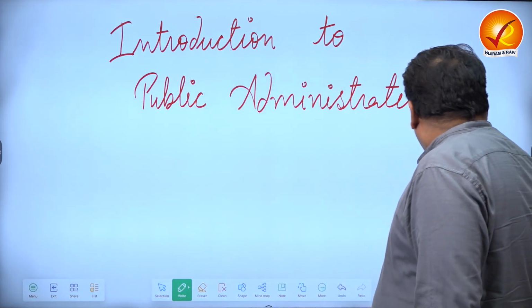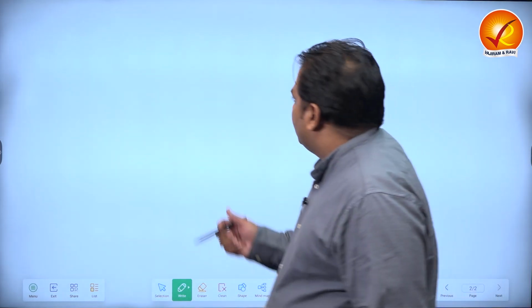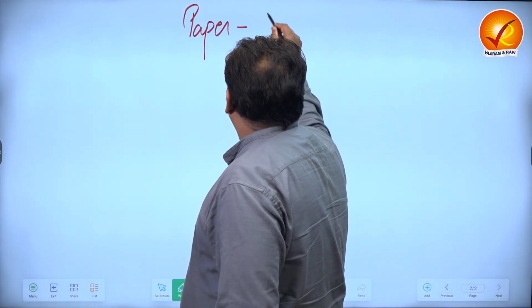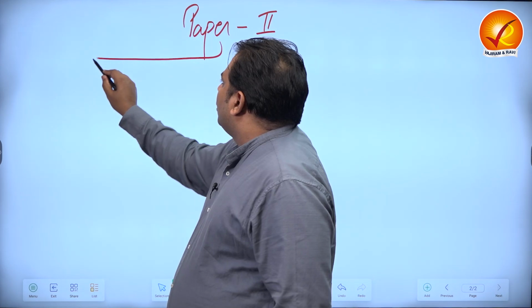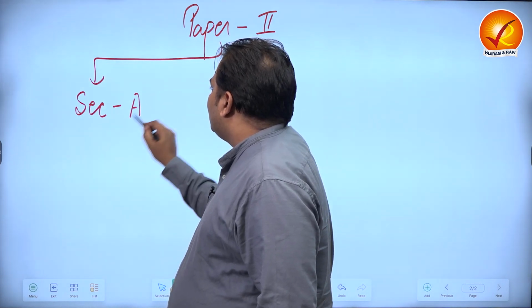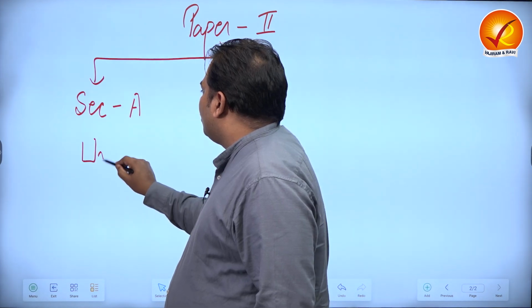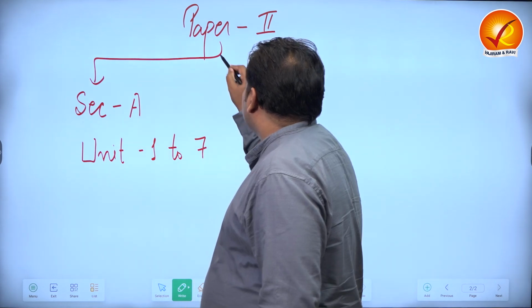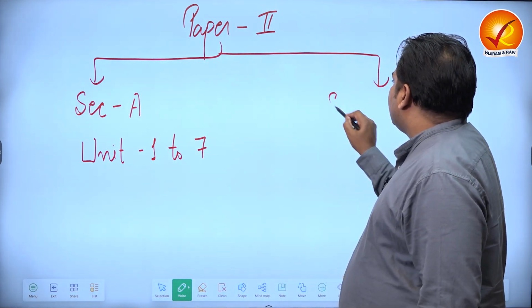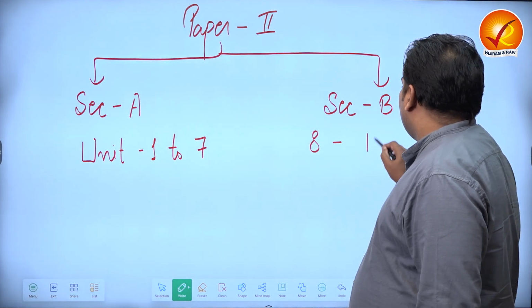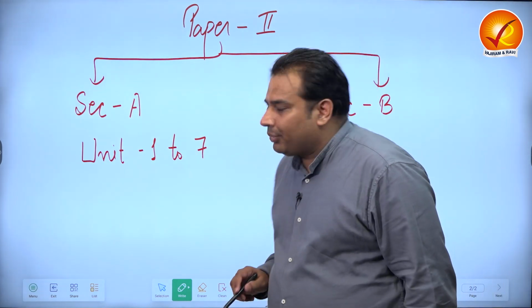Overall, this public administration paper 2 consists of a total of 14 units, which we can usually divide into section A, unit number 1 to unit number 7, and then section B, unit number 8 to unit number 14.